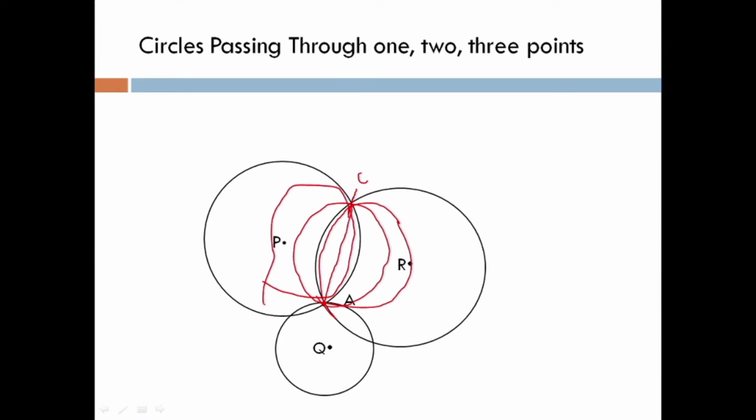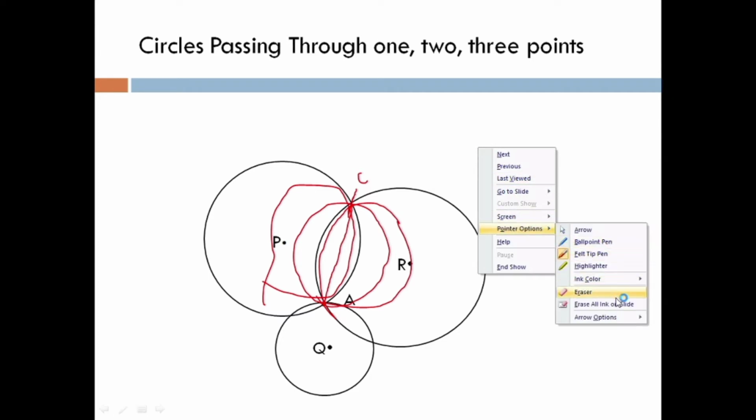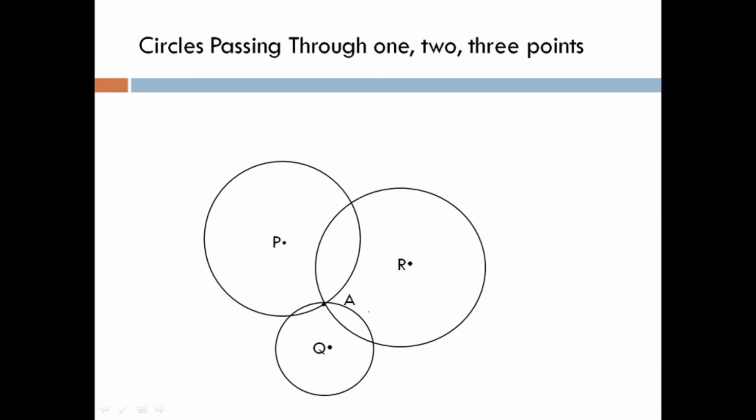Also, there is one more method to analyze how many circles we can draw. I will erase this so that I can explain it properly. Now these are the 2 points, this is the point C, and this is the line. Now if I take a point here and join these two points to it, I get a triangle.